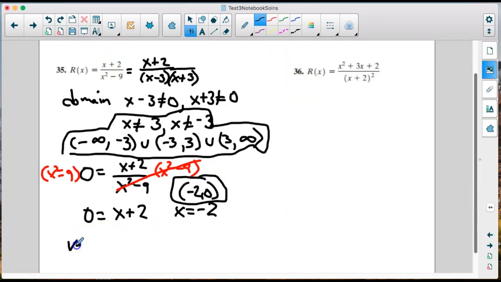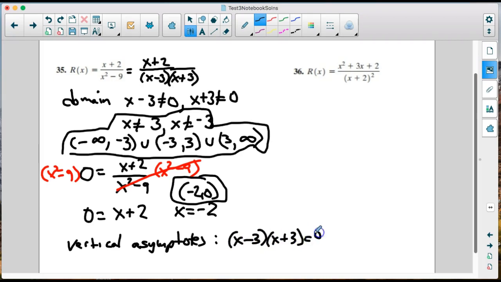So vertical asymptotes occur when the denominator, x minus 3 and x plus 3, equals 0. It's very similar to finding the domain.